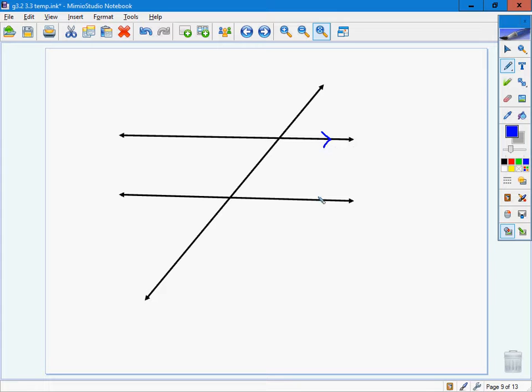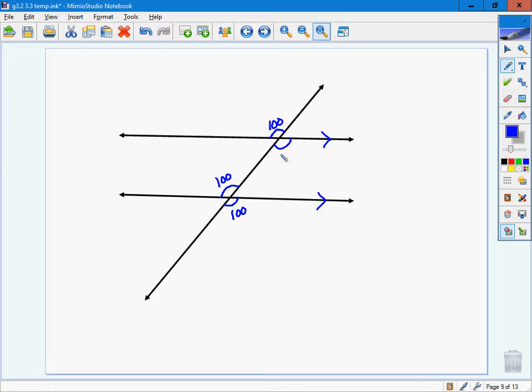I've been told that these two lines are parallel. If I give you one of these angles, you should be able to give them all to me. If this one's 100 degrees, how big is this one and why? It's 100 because it's corresponding. How big is this one? 100. It's vertical or alternate exterior.